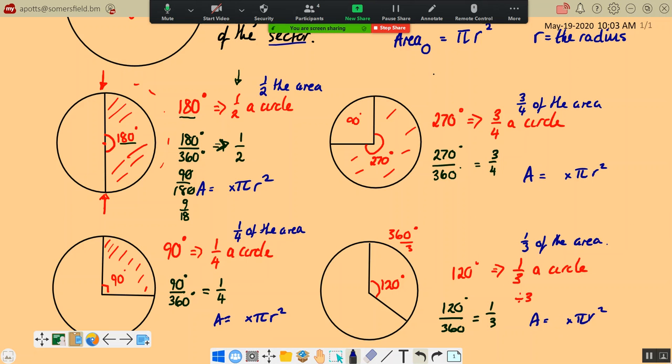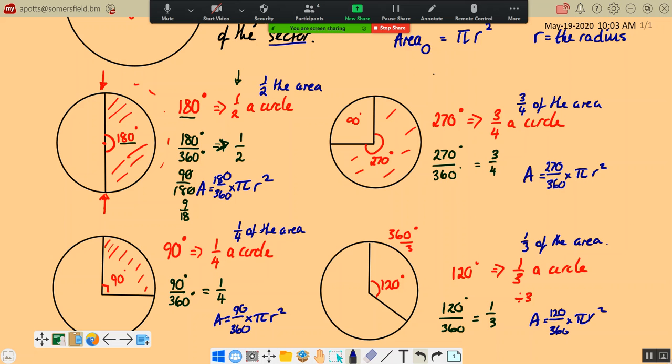So instead of having a half here, exactly, 180 over 360. Instead of a quarter, 90 over 360. Instead of 3/4, 270 over 360. And instead of a third, I can have my 120 over 360.